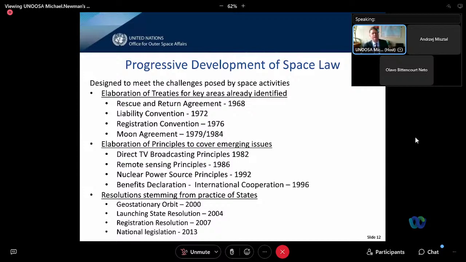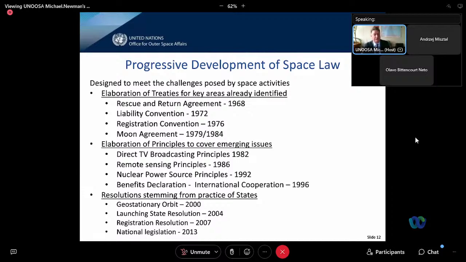Then elaboration of principles to cover other emerging issues: direct TV broadcasting principles, respecting the sovereignty of states from television broadcasting signals coming into their jurisdictions; remote sensing principles. This is the flavor of intelligence gathering, let's say, finding its way into a principle much later, 1986.